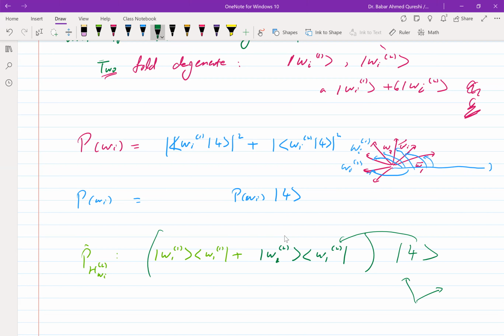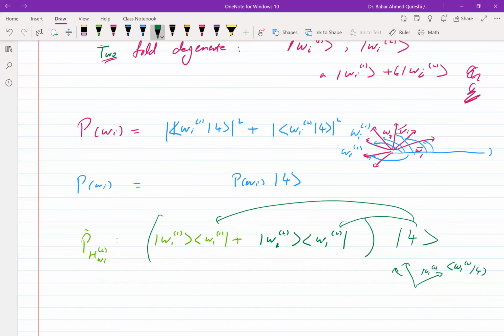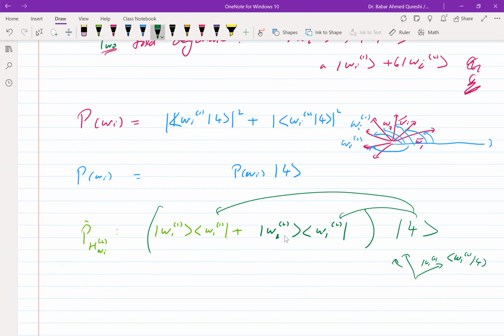So this hits it over here and picks the component along W1, 2, and it also hits the other one and picks the component along this one. And it creates the projection of psi on this. So then what this says is that you project along that and then compute the modular square of that.